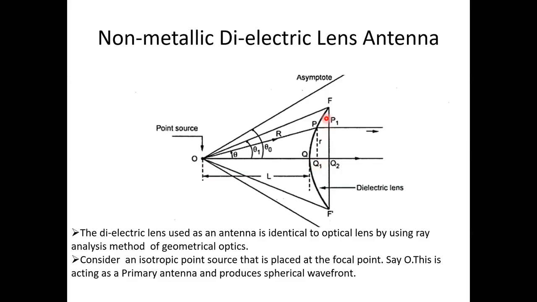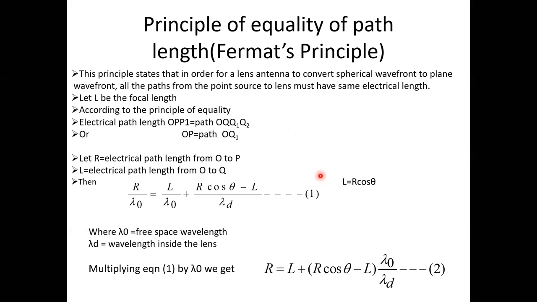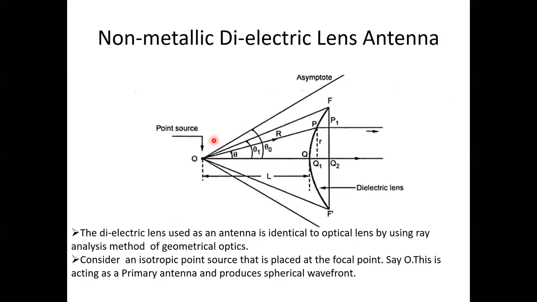Also, here we are considering the wavelength inside the lens medium, so we have to divide by lambda d. That becomes R cos theta minus L divided by lambda d. Finally we can write this equation as R divided by lambda naught equals the path OP, which is the path OQ plus QQ1.